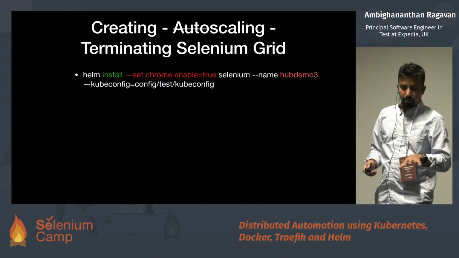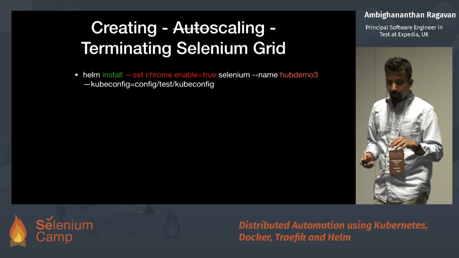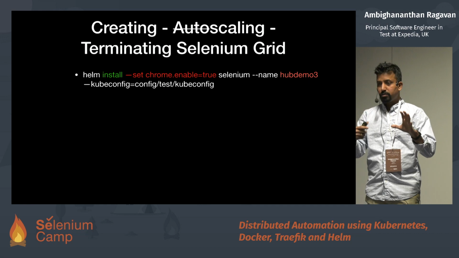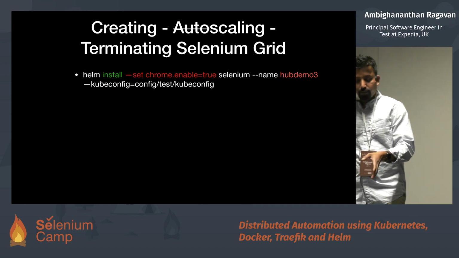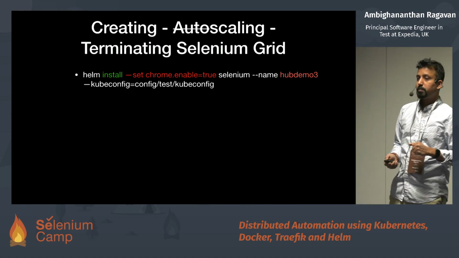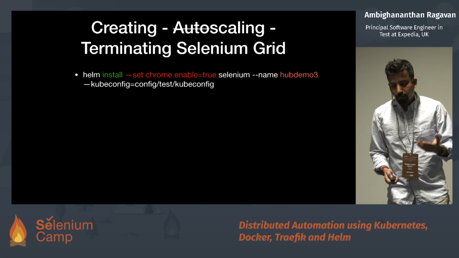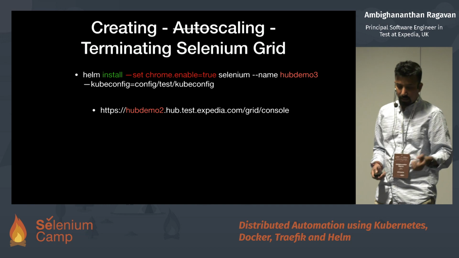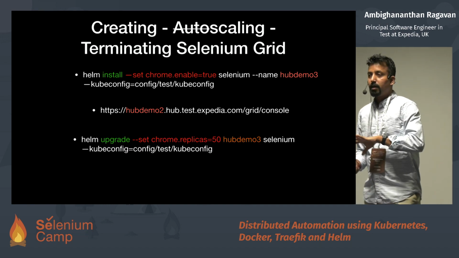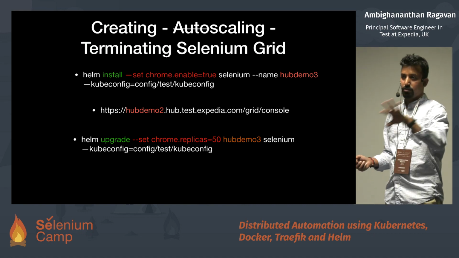So here you can see a command I'm running to create a hub, and based on my inputs in the Helm chart, it'll create a hub with 1 Chrome pod attached to it. And you'll get a URL like this immediately. You can access it.